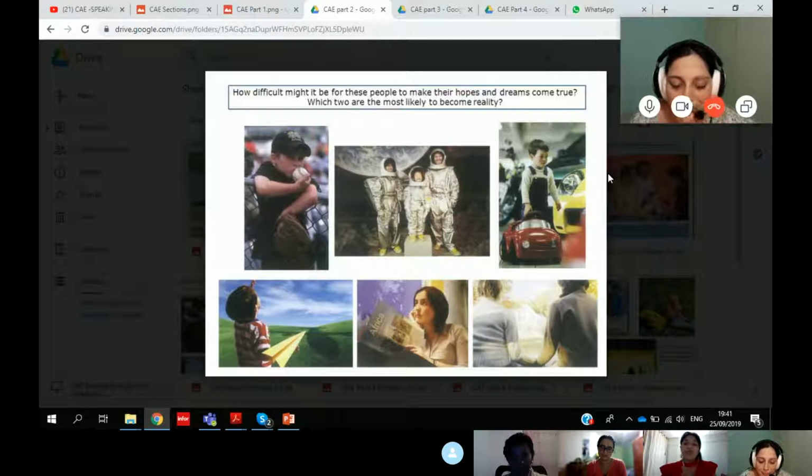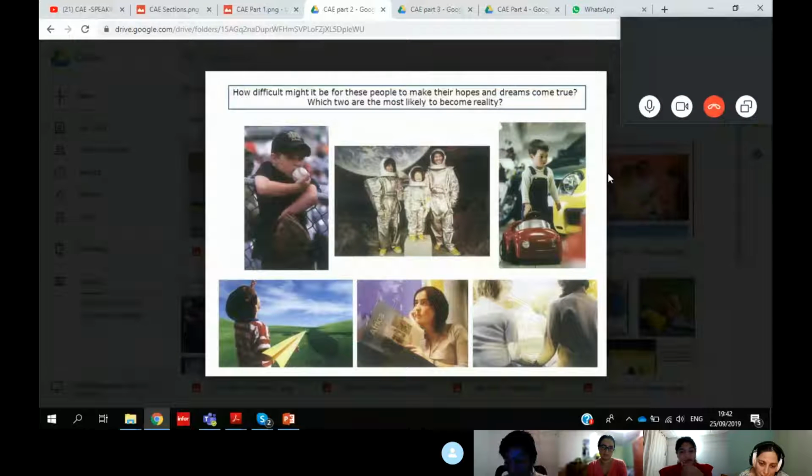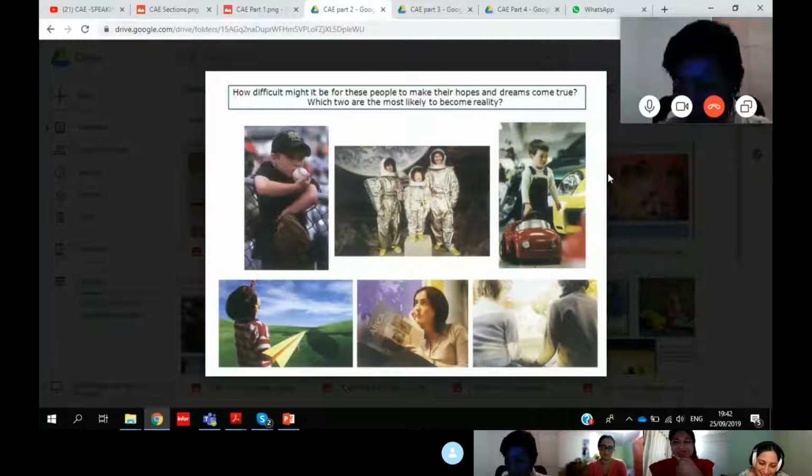Now, Joanna, from Mafe's pictures, which one would you prefer? The first one, where there is a kid with a paper airplane, the second one, or the third one, and why? To be honest, the second one, because it is the same situation.